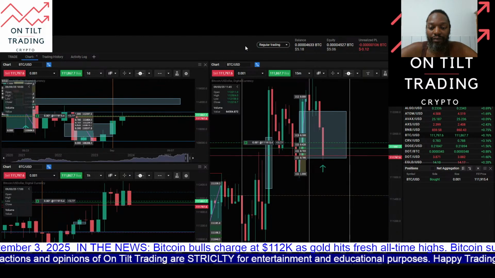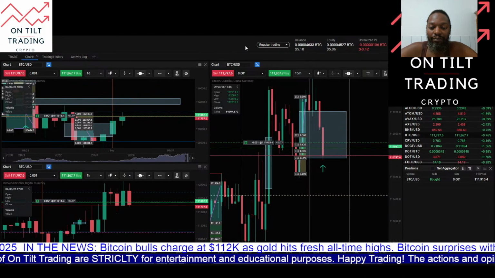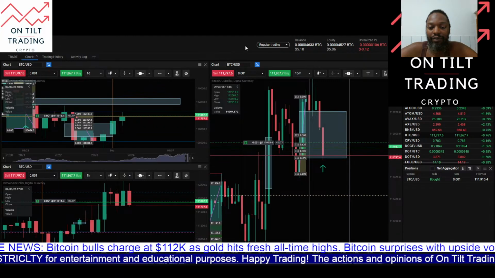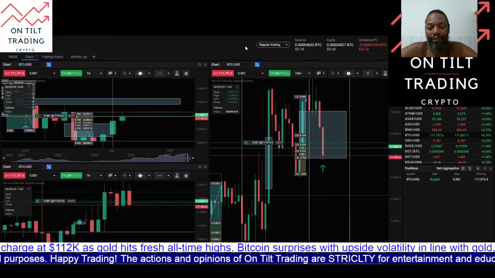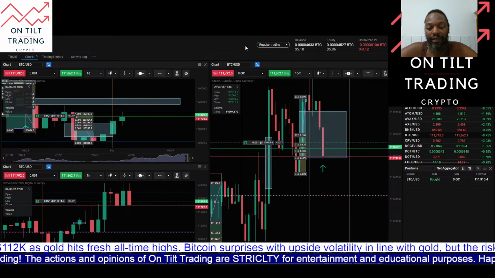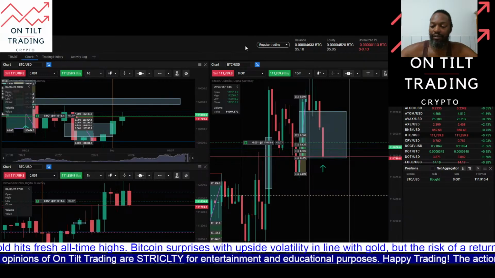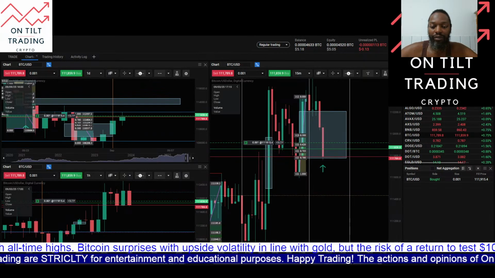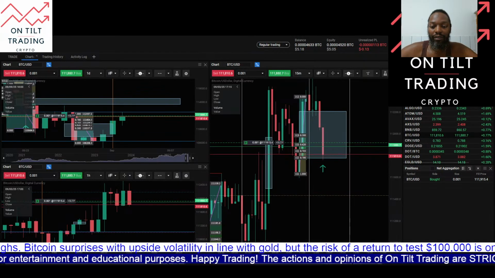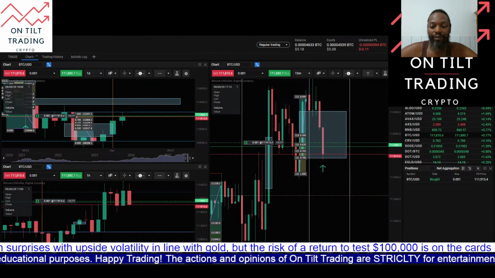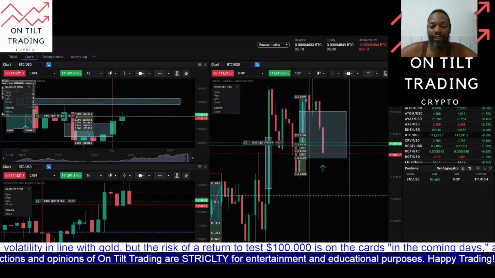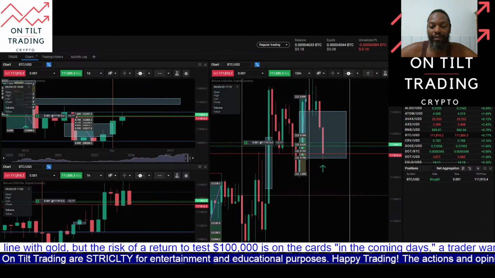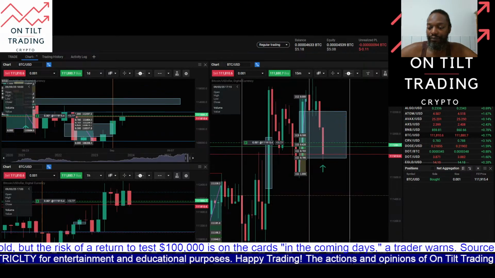And consolidating between the rebalance of the fair value gap and my entry. So basically consolidating within the optimal trade entry, which is here. From here to here. So price basically consolidating within this area during this time.